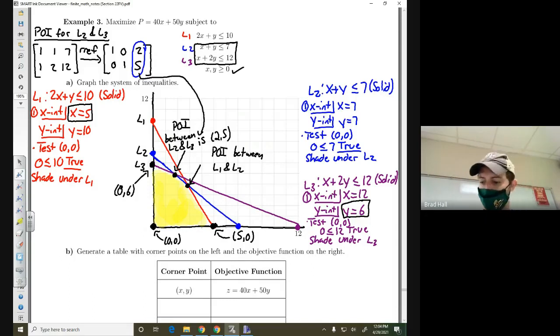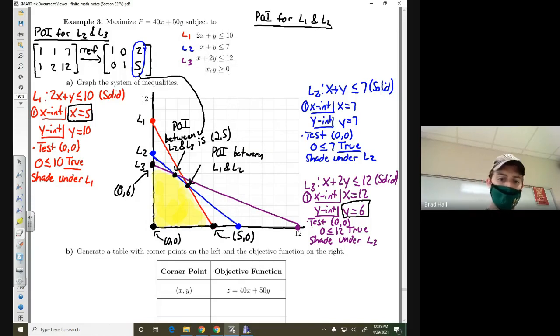And the second corner point seems to be the point of intersection for L1 and L2. That matrix is going to look like L1 is the top one and L2 is the second one.